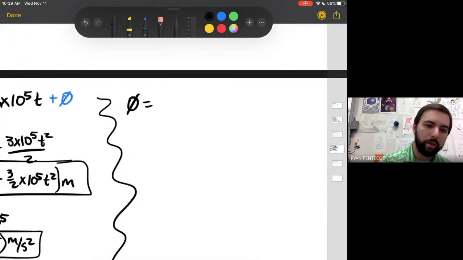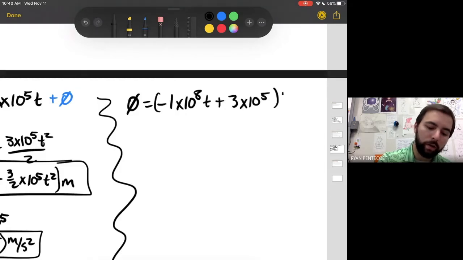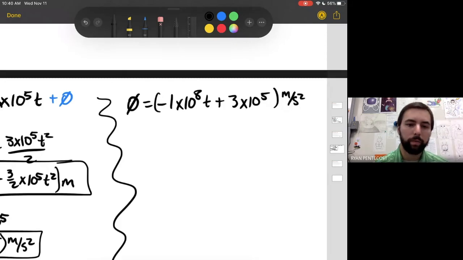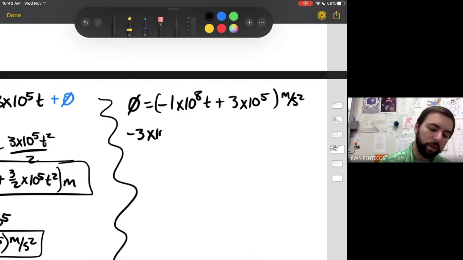And then we have negative 1 times 10 to the 8th t plus 3 times 10 to the 5th. And that is all in meters per second squared, right? Now let's solve for t. We subtract the 3 times 10 to the 5th to the other side. Minus 1 times 10 to the 8th t.